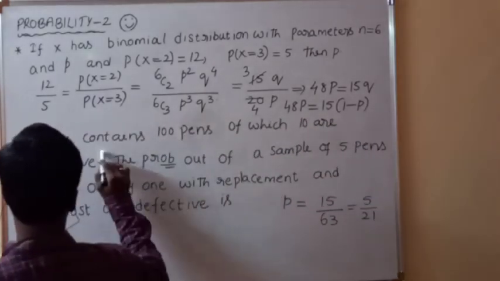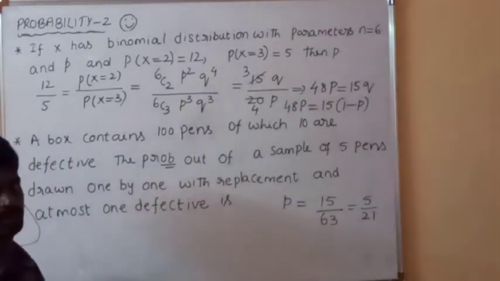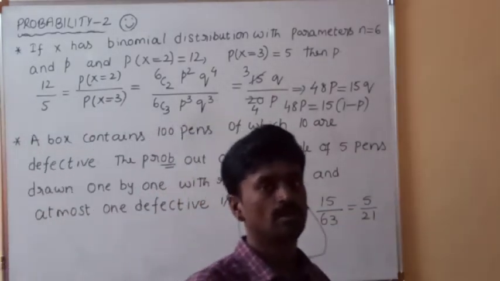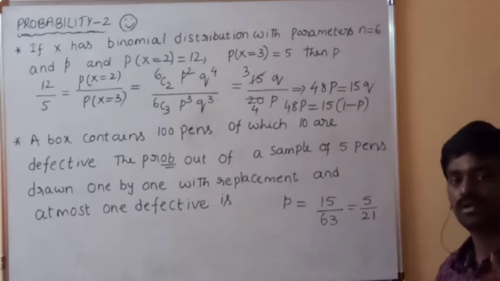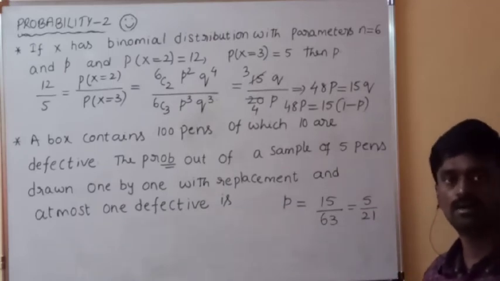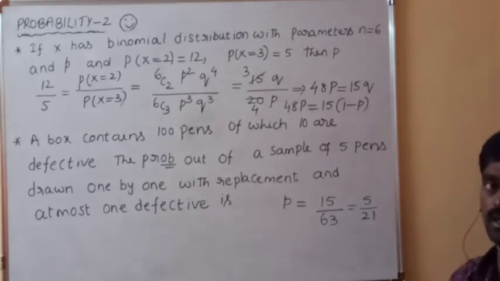A box contains 100 pens, of which 10 are defective. From this first line only we come to know the probability of drawing a defective pen: 10 by 100, which is 1 by 10. It is just like the earlier problem. There in the earlier problem we had bulbs, here we have pens.